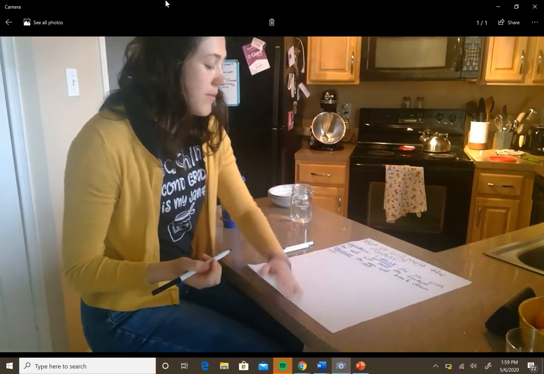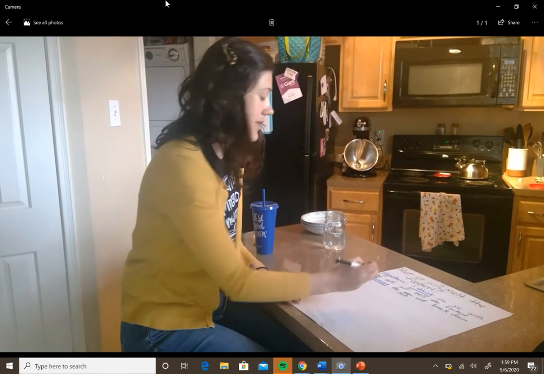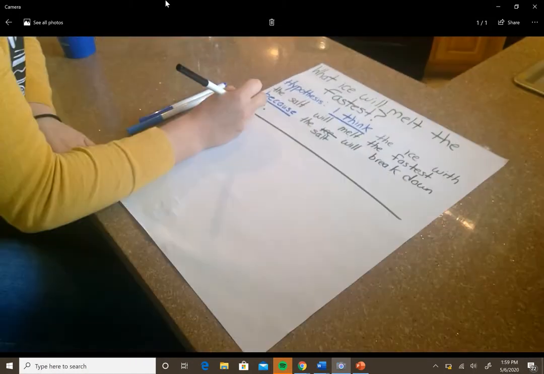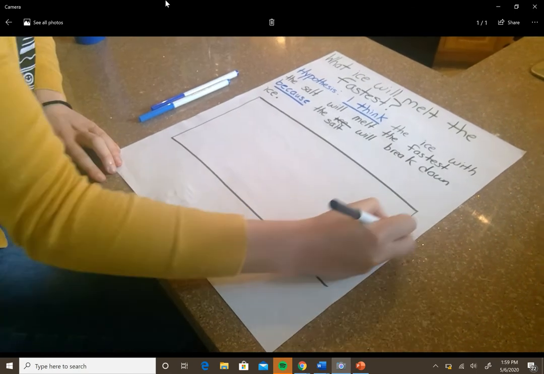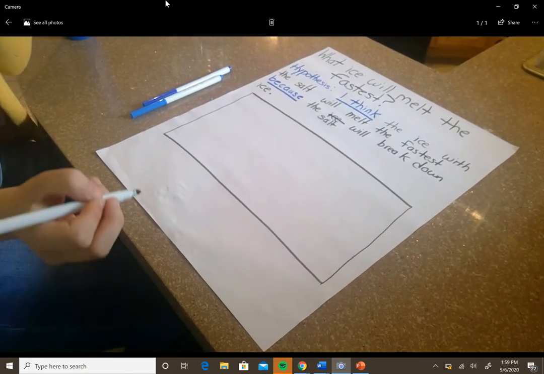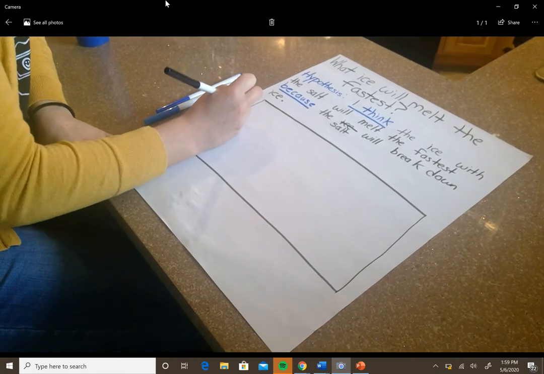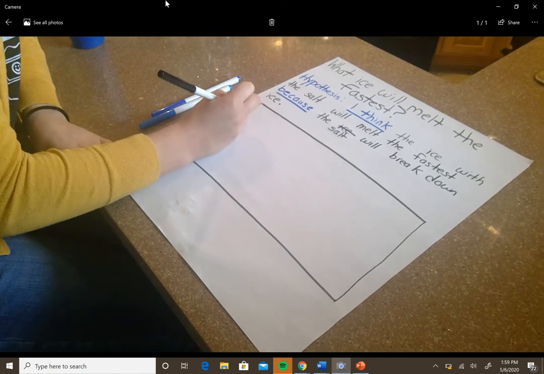And so the next thing we want to make sure is we're going to make a chart so we can track as we're timing the ice melting. So you just want to draw a big rectangle. And then I'm going to split that into threes.